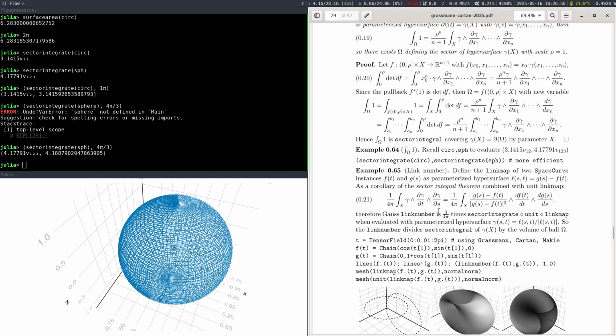So the link number is the sector integral modulo the sphere, when evaluated with a parameterized hypersurface, where gamma of s is the link map, the unit link map. So the link number is the sector integral of gamma of x divided by the volume of the ball.